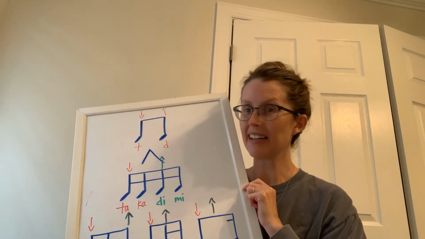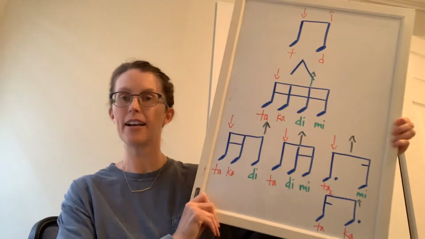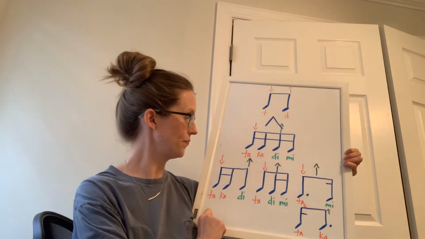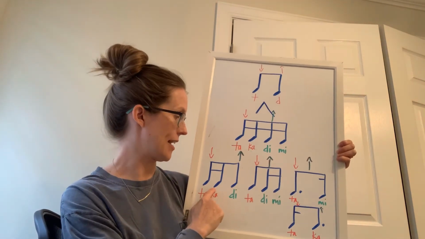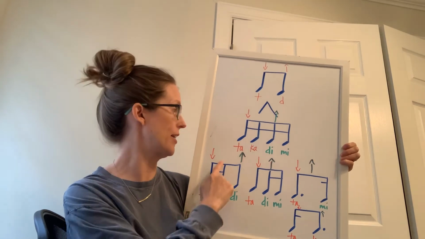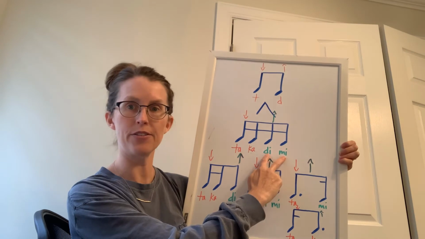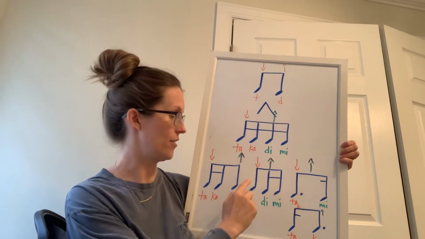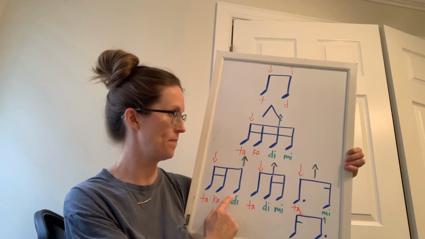So then I can take it even further. From that ta-ka-di-mi, I can take my two sixteenth notes, ta-ka, and then I can combine the last two sixteenth notes, di-mi, into one eighth note.